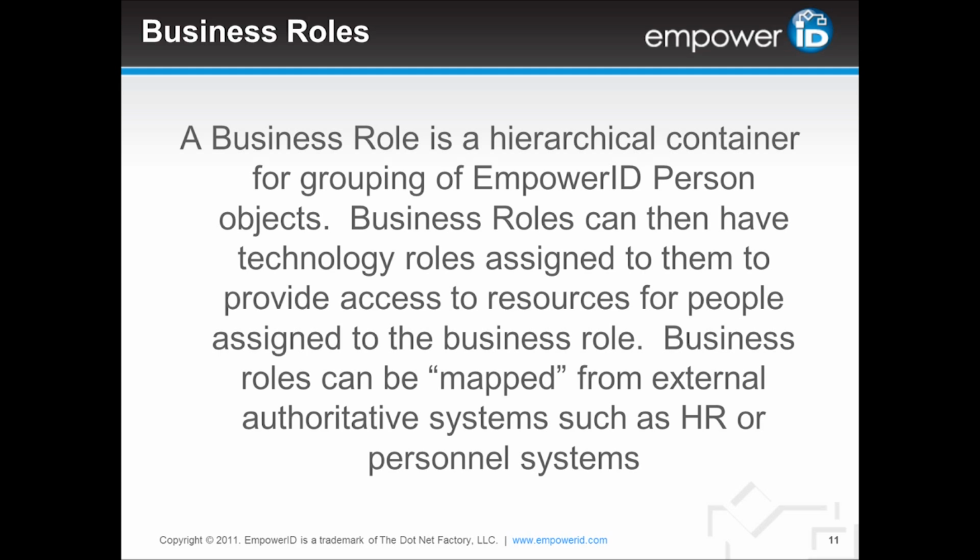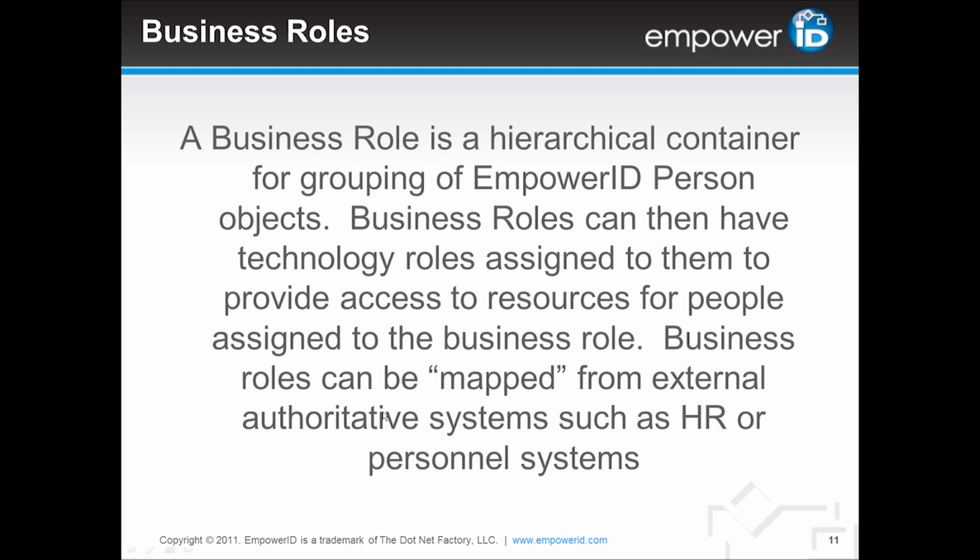When I say that, what I mean is if we are connecting to an HR system, that HR system may have job titles within it, such as manager, secretary, groundskeeper, analyst, salesperson, those types of things.